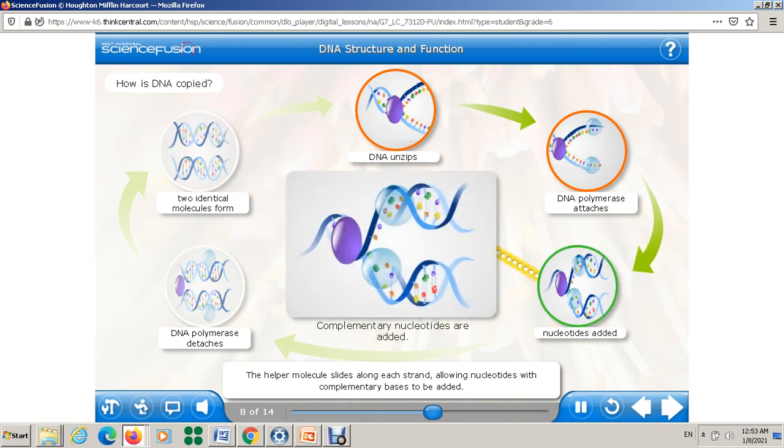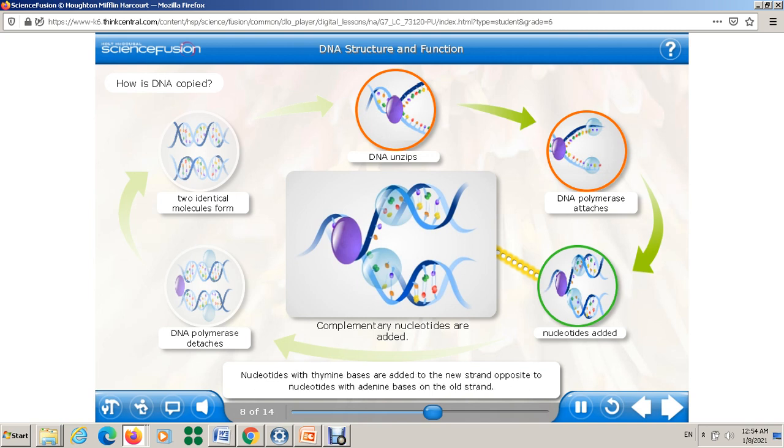Look at this. The helper molecule slides along each strand, allowing nucleotides with complementary bases to be added. During this process, nucleotides with adenine bases are added to the new strand, opposite to nucleotides with thymine bases on the old strand.